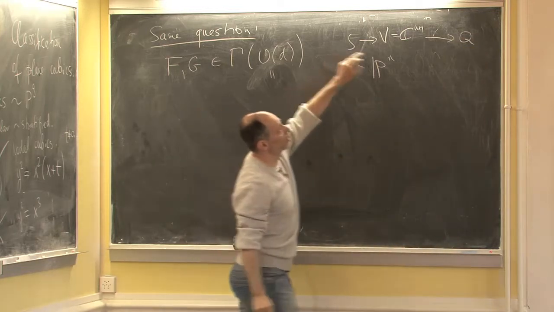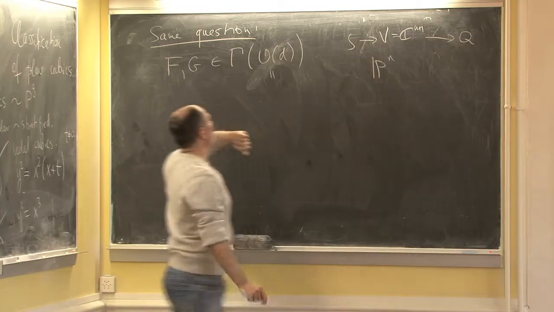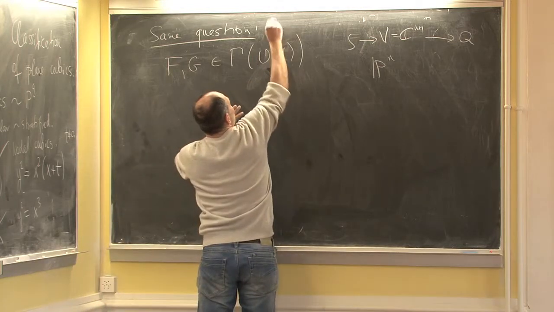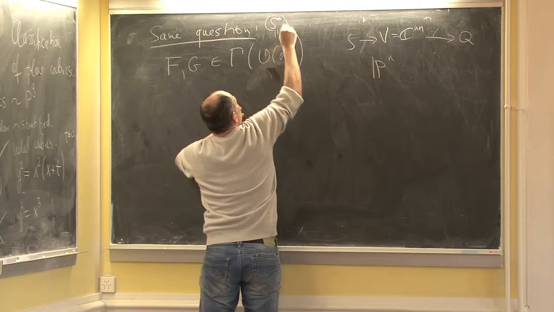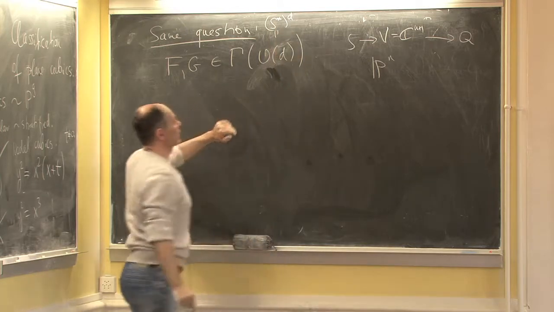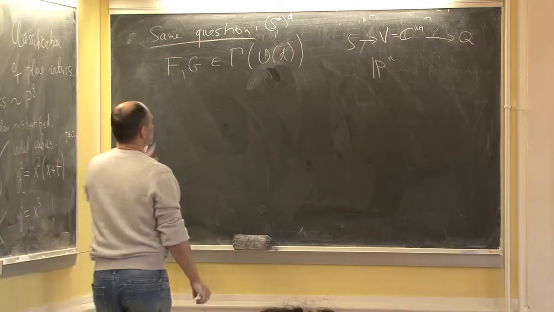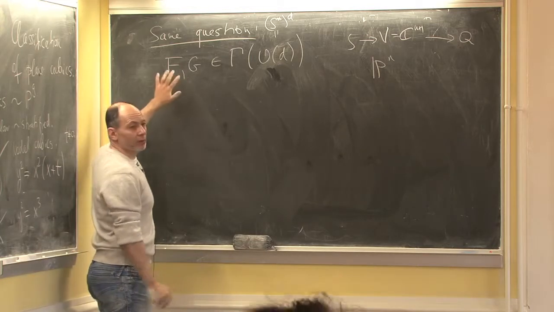This is a line bundle. From this point of view, this is just S star to the power d. These are linear functions. So let's look at this situation.